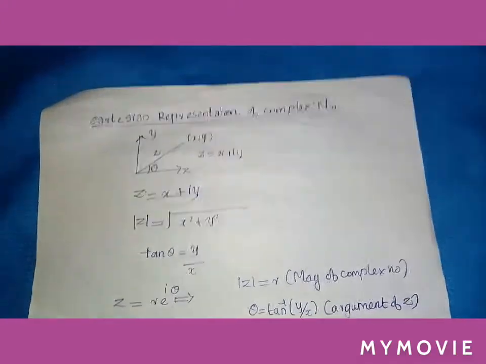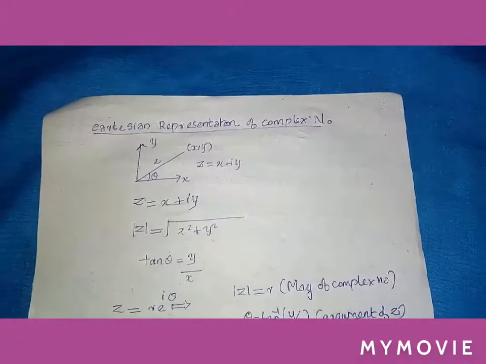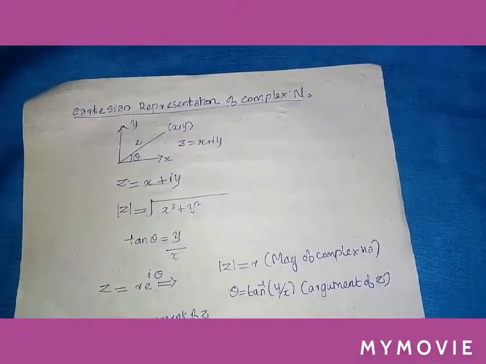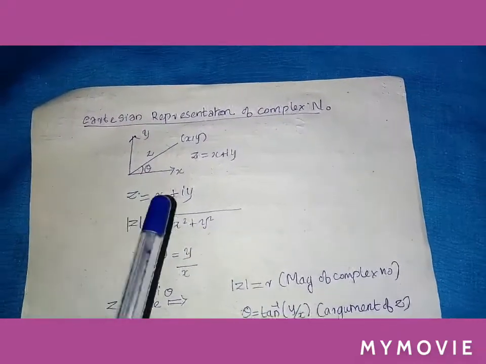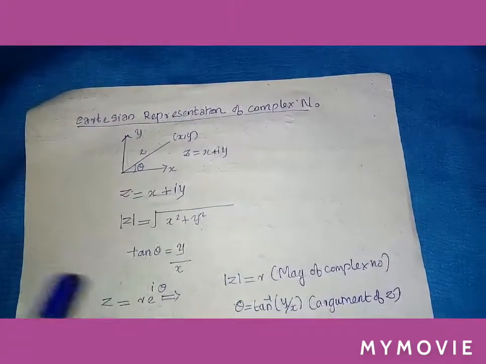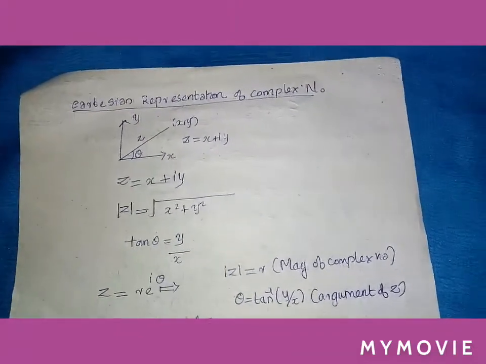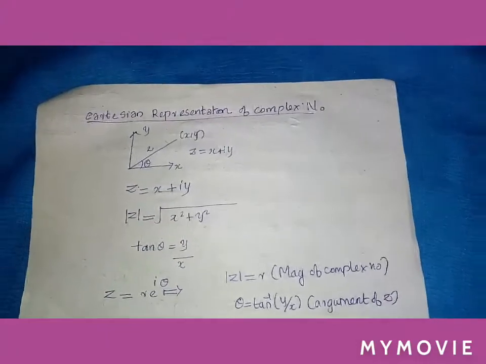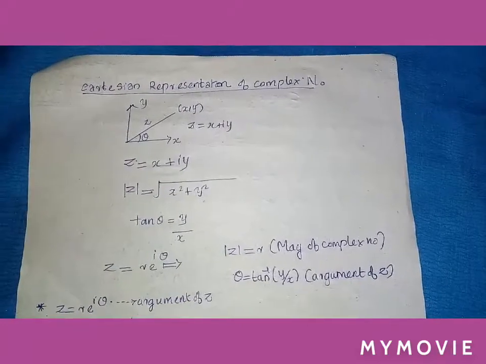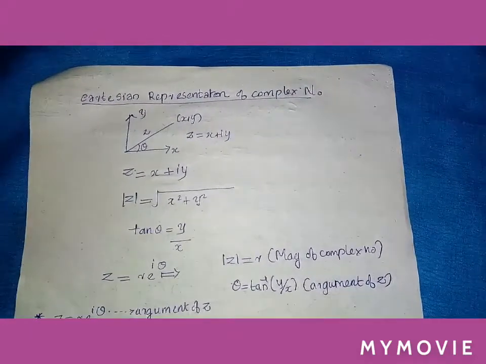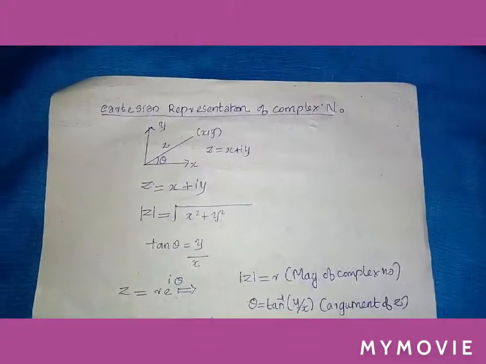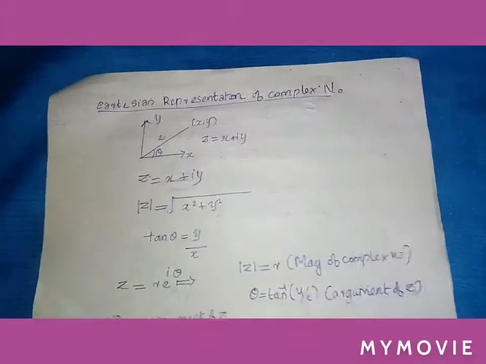Here also we get the magnitude mod z is equal to under root x square plus y square, and tan theta gives the direction. From this diagram, this is y, so y by x is tan theta. So the general representation in the polar coordinate system is r e raised to i theta, where r is the magnitude of the complex number in the Cartesian coordinate system, and theta is tan inverse y by x, which is known as the argument of the complex number.